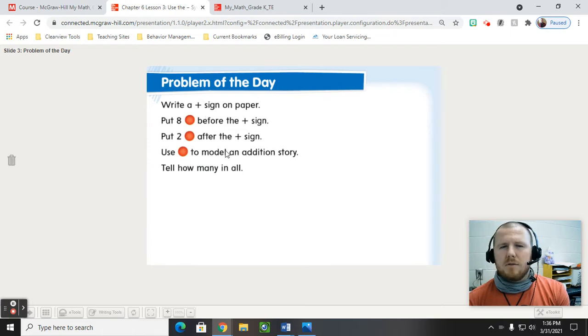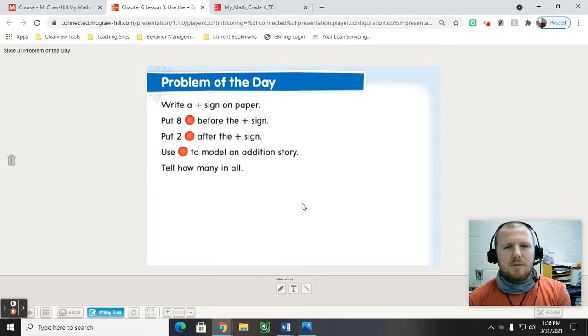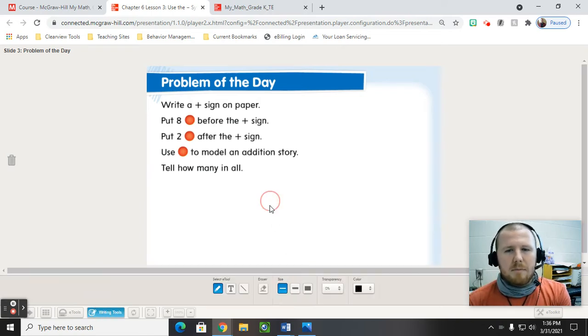Oh, they want us to do... ooh, I like this. Okay, so let's do this. It says write a plus sign on the paper. Okay, fine. Here's my plus sign. Then it says put 8 dots before the sign. All right.